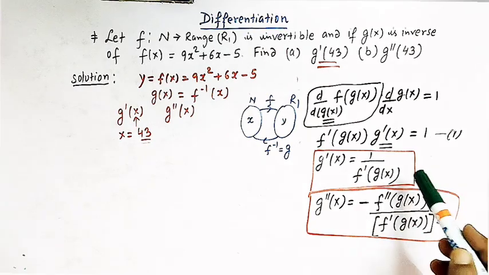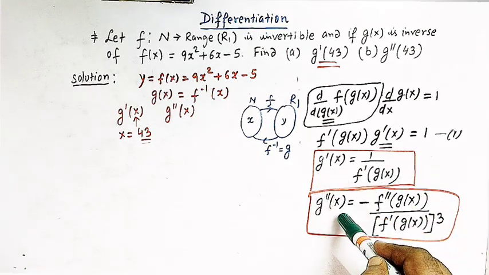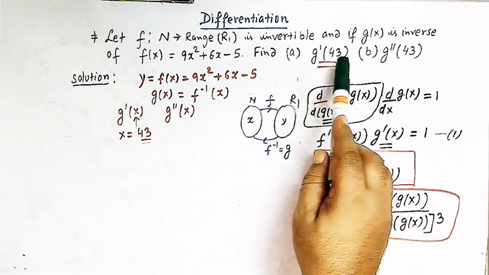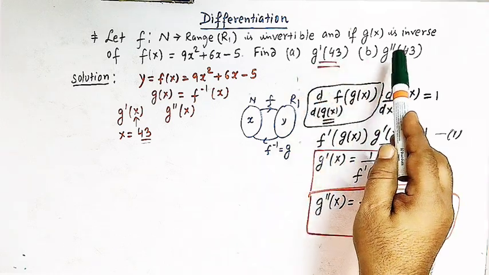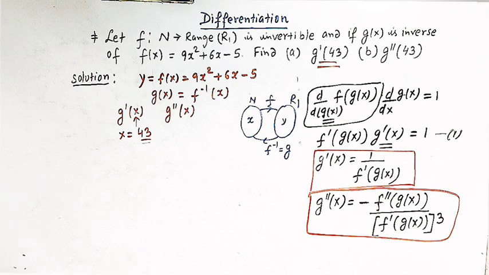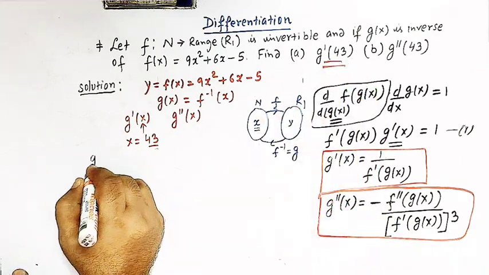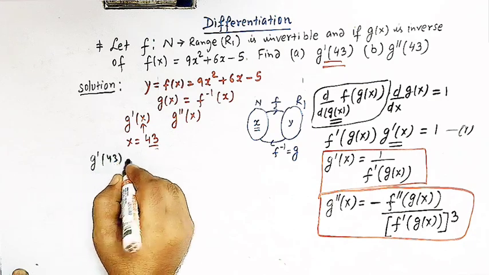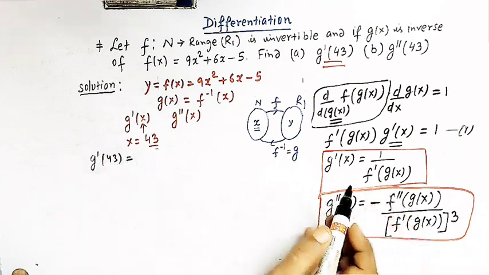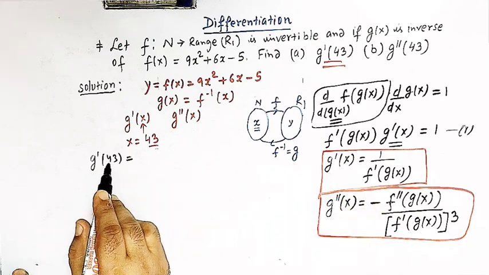So now we'll utilize these two expressions to get the value of g prime of 43 and g double prime of 43. Now g prime of 43 is obtained by this expression by replacing x by 43.